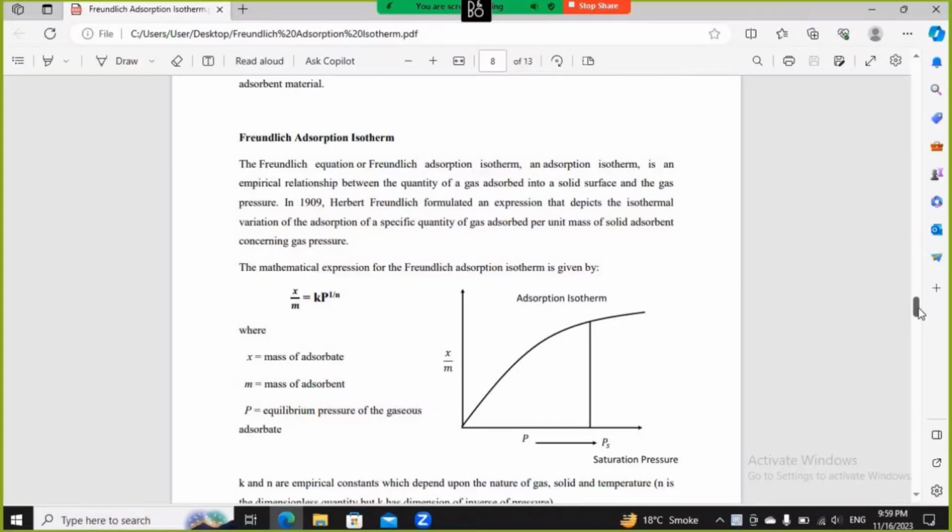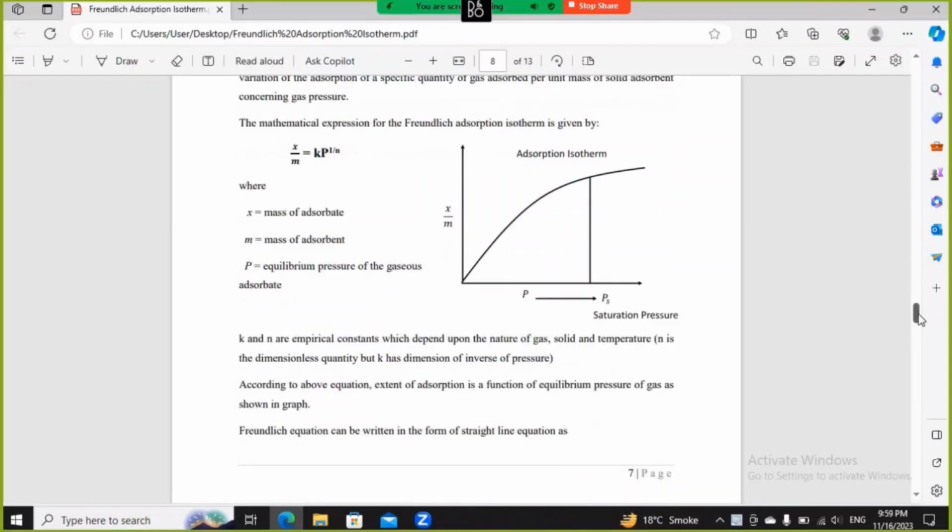The mathematical expression for the Freundlich adsorption isotherm is given, which shows the extent of adsorption is directly proportional to the pressure of gas or adsorbate. The graphical representation of Freundlich adsorption isotherm is shown, which shows adsorption increases with the increase of pressure of gas, but after a certain increase in pressure, the rate of adsorption becomes constant.